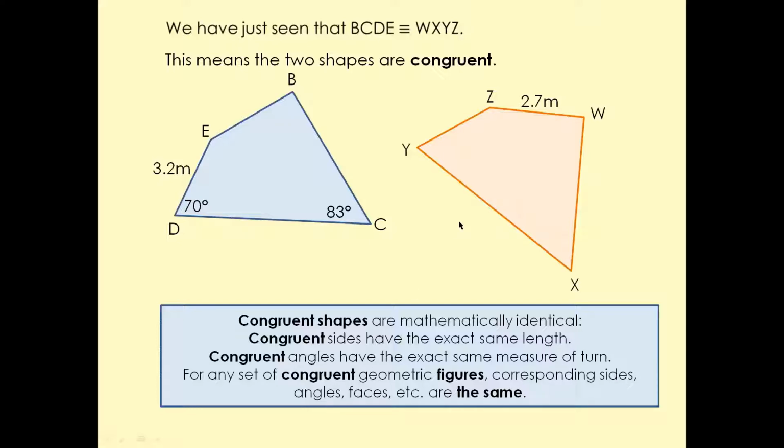So regardless of the question, any question in the exam, the way you write your answer will more or less remain the same. If the shapes are congruent, that means the corresponding sides are going to be equal, and corresponding angles are going to be equal as well.